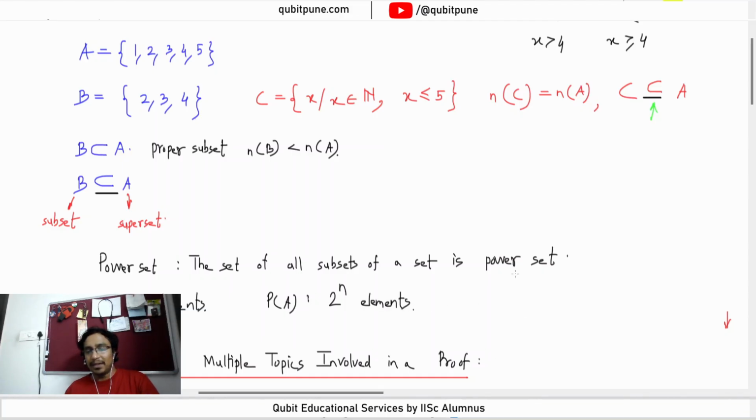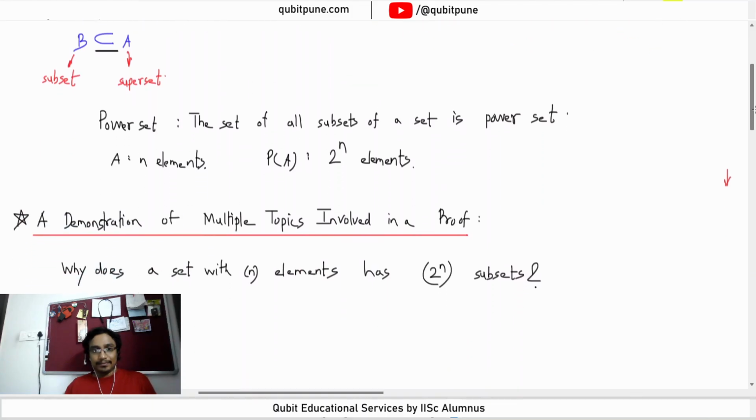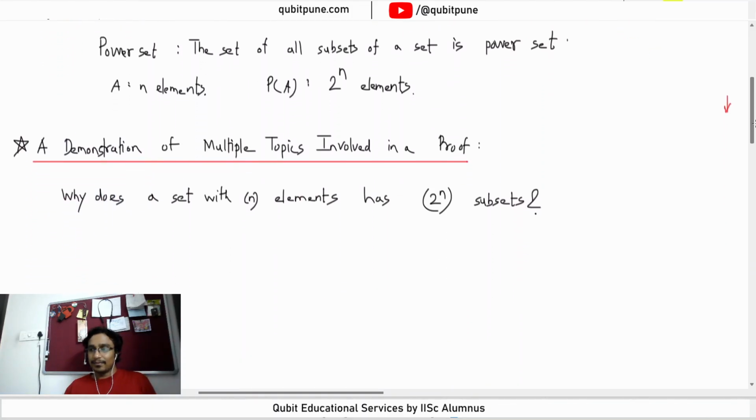Do you know how to prove it? Yes or no? Exactly. So once in a while, you should also take a look at proofs. The reason being, when you go to any institute like IISER, you are supposed to prove things in mathematics.